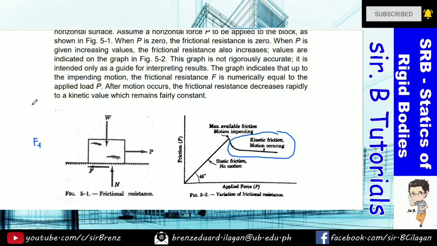Okay, so imagine nyo na lang guys, di ba? For example, ikaw, nakatungtong ka sa ground and then yung contact mo between those sa ground ay meron kang corresponding na value ng mu or coefficient of friction. Okay, so di ba ikaw is nasa rest pa lang?